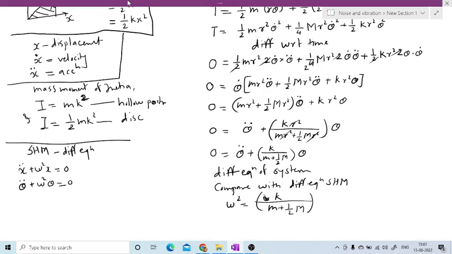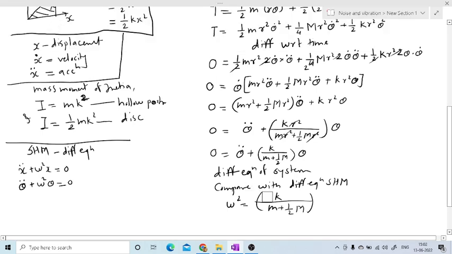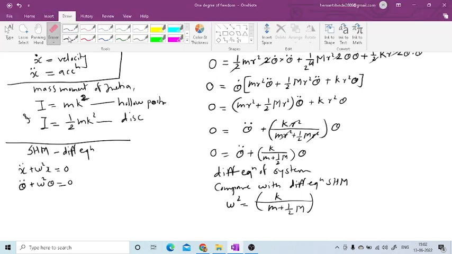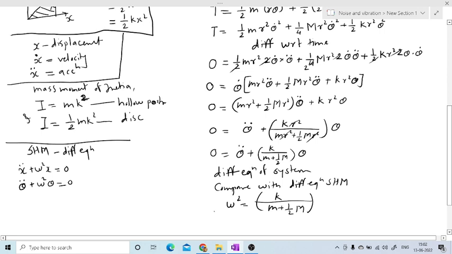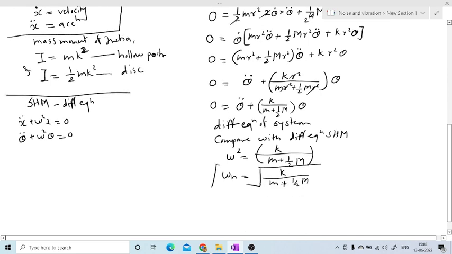Now if I want the value of omega, then we'll have to take the root. So the equation will become omega n is equal to under root k divided by m plus 1/2 capital M. And this is nothing but the circular natural frequency of the given system.